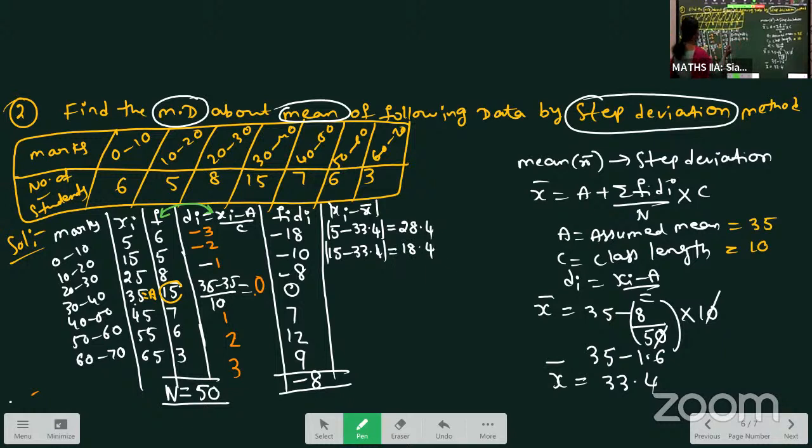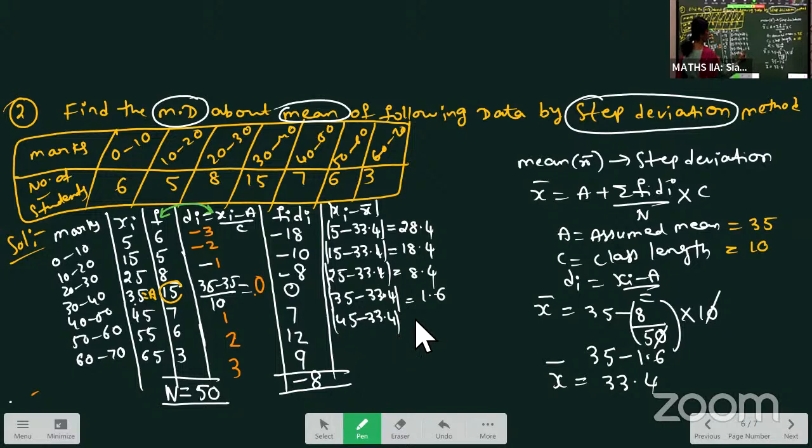Next, 25 minus 33.4. It is 8.4. Then from here the calculation changes. 35 minus 33.4. So we have to subtract 33.4 from 35. It is 1.6. Next, 45 minus 33.4.